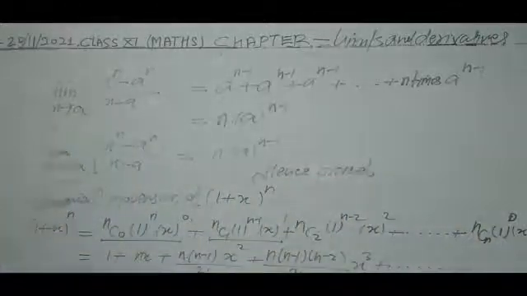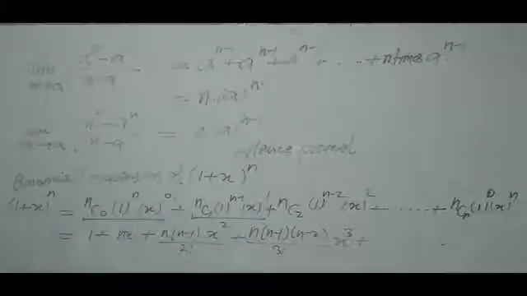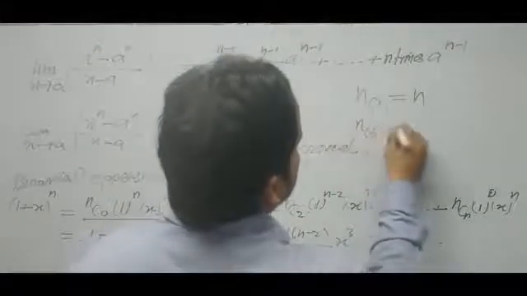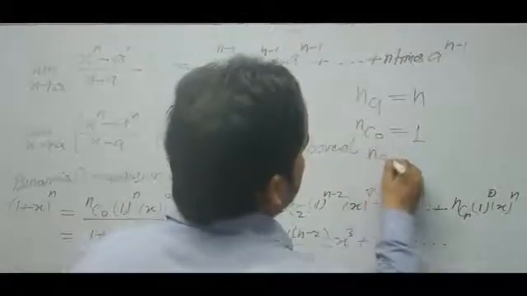Now this is the sequence, you can see. And you already know its formula: nC0 result is 1, nC1 result is n, and nCn result is 1. So this is the format. Now you can see.